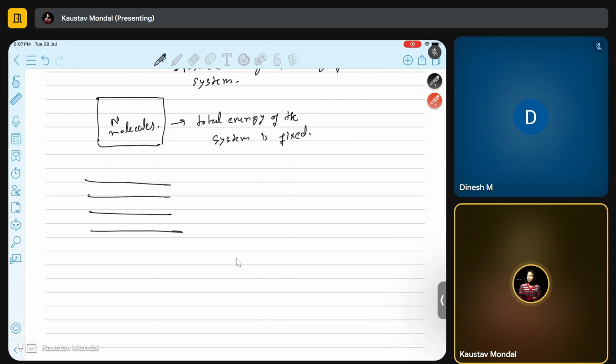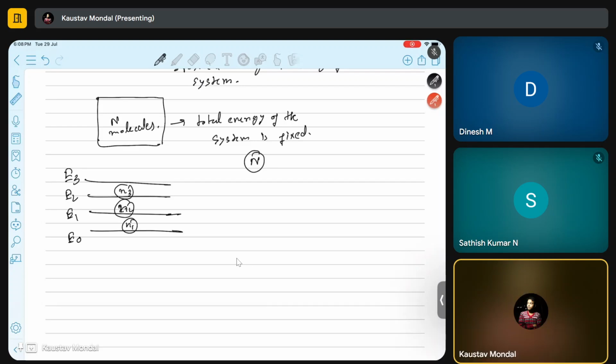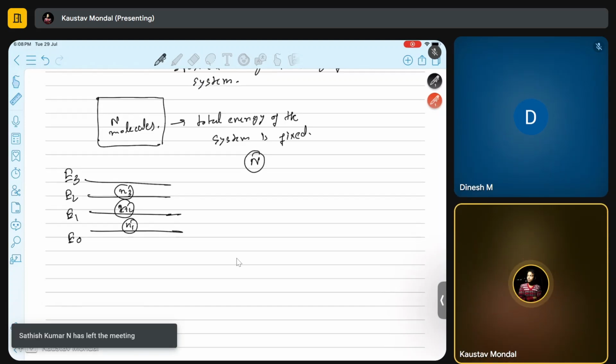This state has energy E0, this state has energy E1, E2, E3. If N is the total number of molecules, then let's suppose n1 molecules are in state E0, n2 molecules are in state E1, n3 molecules are in state E2. Like this, the whole N number of molecules are distributed in the system.